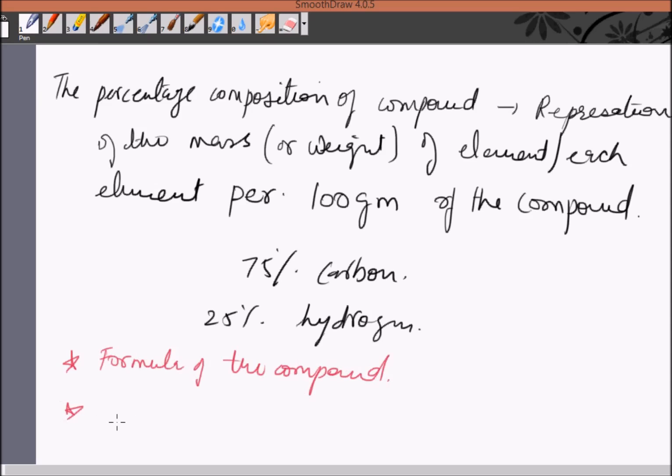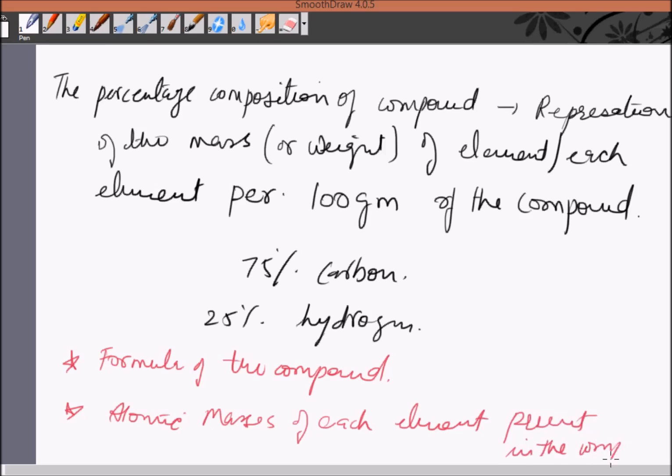We should also know the atomic mass of each element present in the compound, right?